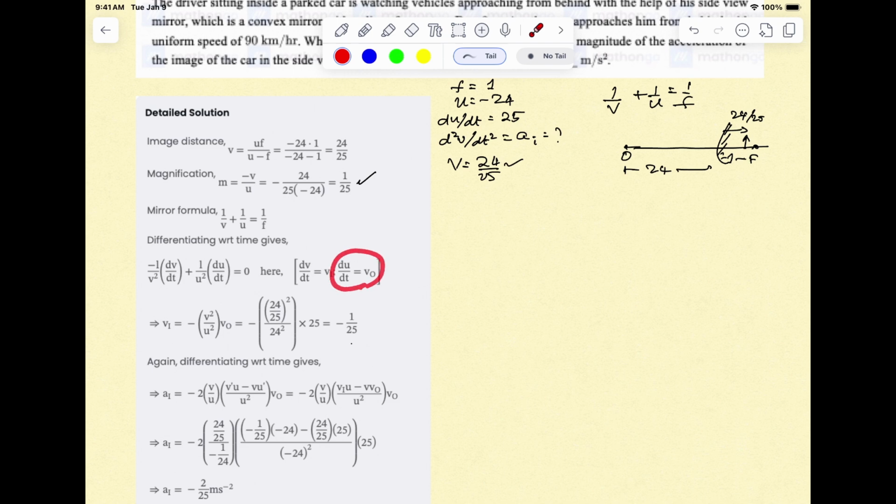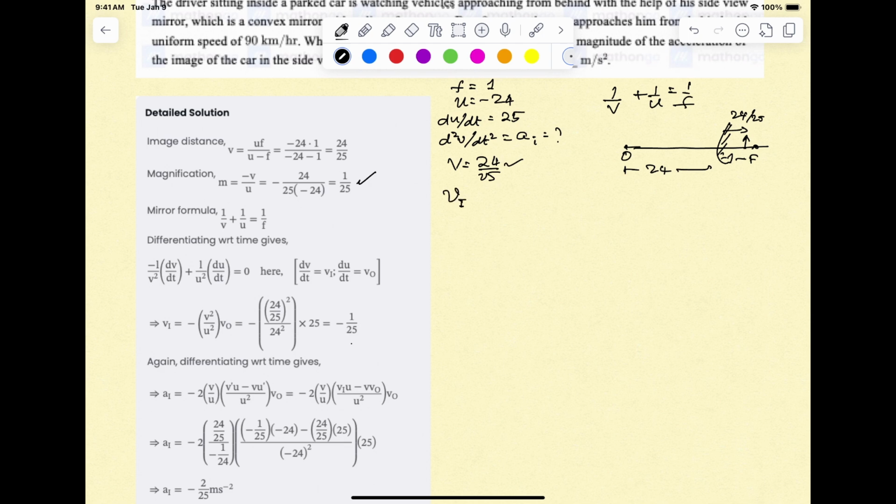Now this value is given, the velocity of object is given, du by dt, 25. Now dv by dt we have to calculate from this differentiation equation. Most of you or all of you will already know the well-known result pertaining to the velocity of image.